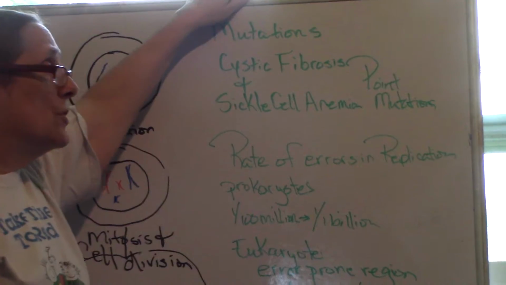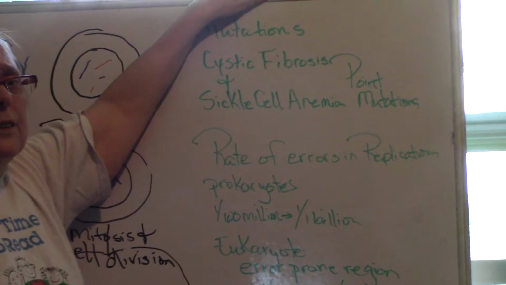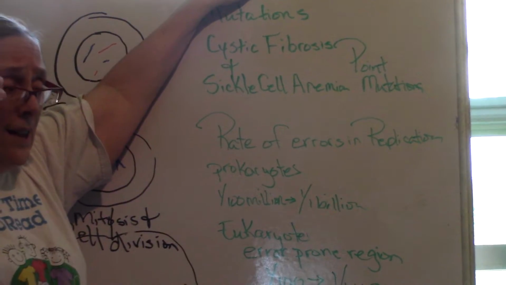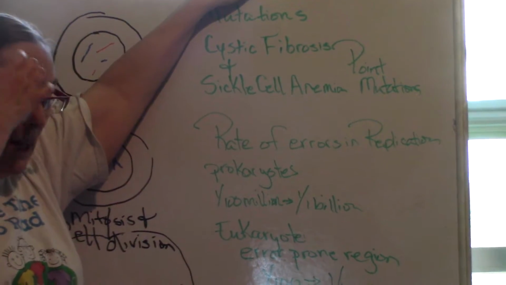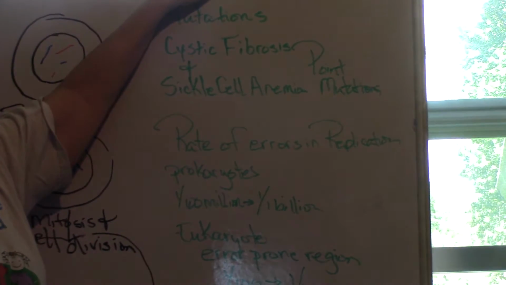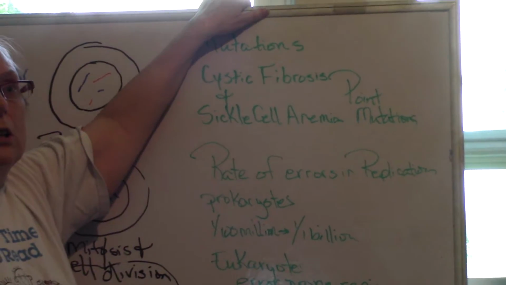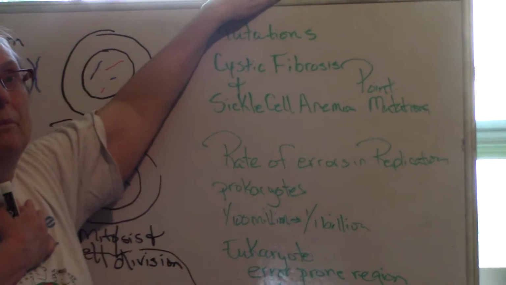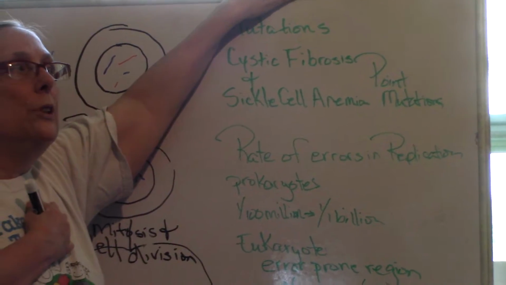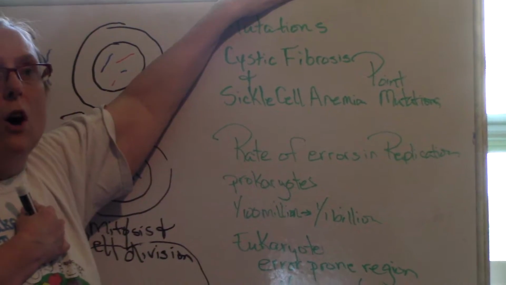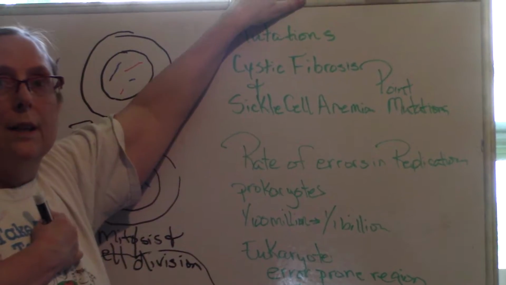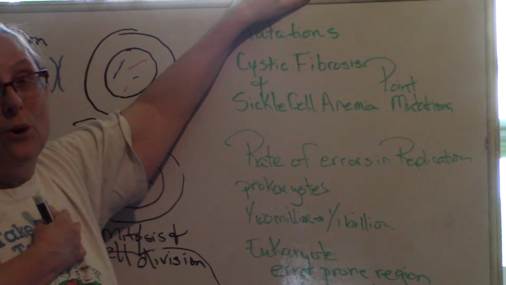Cystic fibrosis is still a very serious disease. Treatments are better. They now do lung transplants sometimes, so there are better therapies for people, and they are living longer. But in my lifetime, when I was in my early 20s, the person who had lived the longest with cystic fibrosis did not live to be 20 years old.